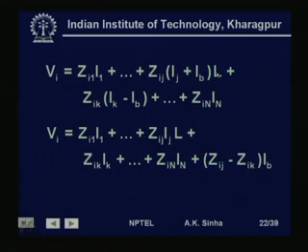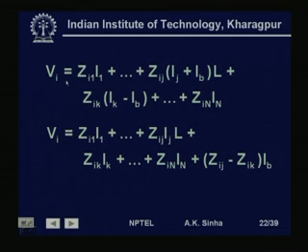Then plus Zik at bus K. What is the injection? Ik minus Ib, so Zik into Ik minus Ib, plus dot dot dot Zin into In. So this is the voltage that we will get. This L in here is not actually L, it should indicate dot dot dot.